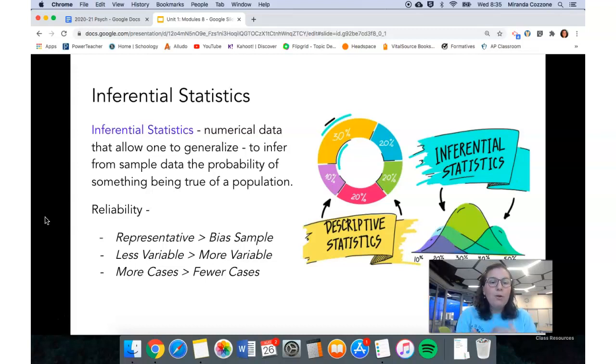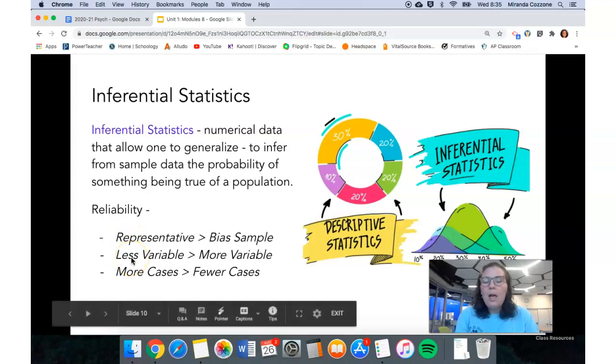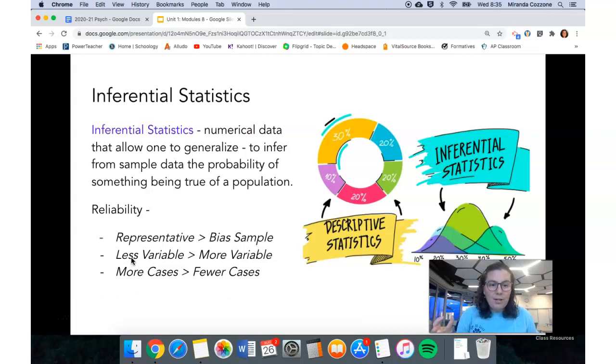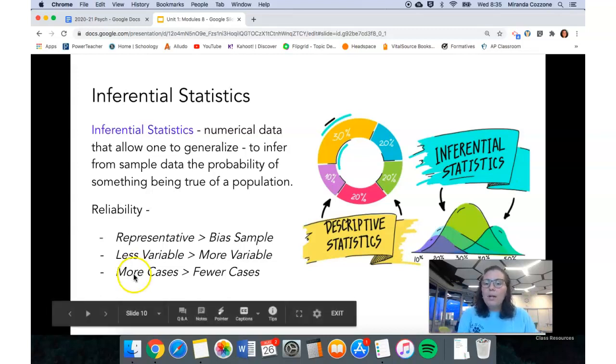And there's a few things that help to make a particular data set more or less reliable, okay? Having a representative population makes your data more reliable than if you had a biased sample. Having less variability in scores makes your data more reliable than if you had a lot of variation in your data. And having more cases is always better than a few, right?